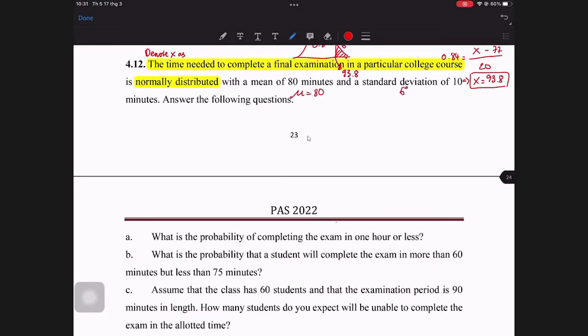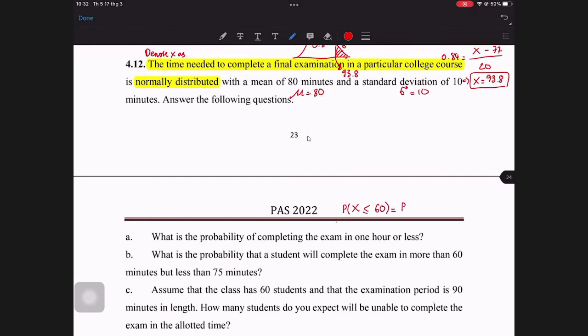The standard deviation is equal to 10. For question A, we have to find the probability of completing the exam in 1 hour or less. Just be careful, okay? What we have here is 1 hour, and the information in our question is in minutes. So we have to find the probability that X is less than or equal to 60 minutes, or 1 hour.